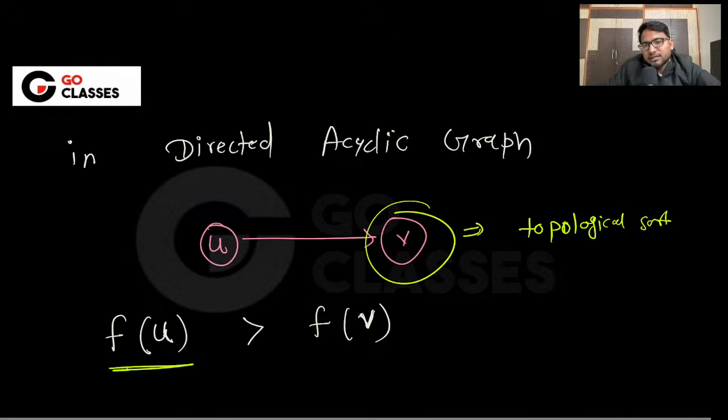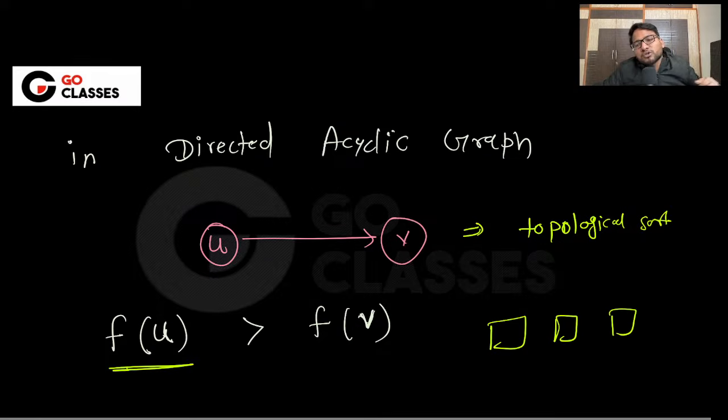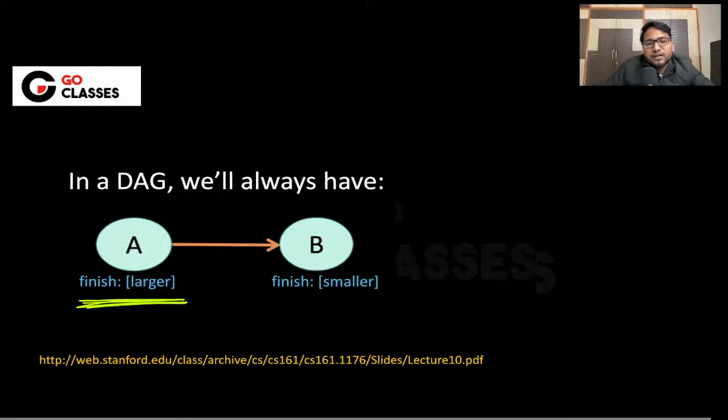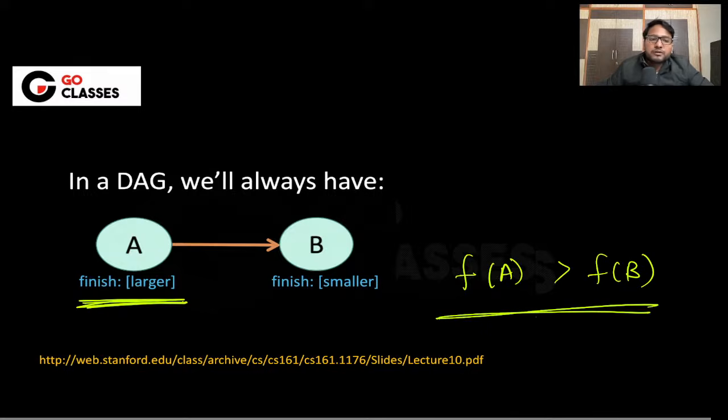If there is an edge like this, then what we can do, we can take the greatest finish time, right? Whoever is finishing last is actually the first node in the topological sort, and the next node and the next node. So we will talk about this topological sort, but basically just this kind of relation, that finish time of A is greater than the finish time of B. Just based on this observation, we can do something called topological sort.